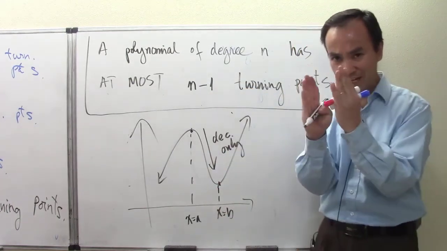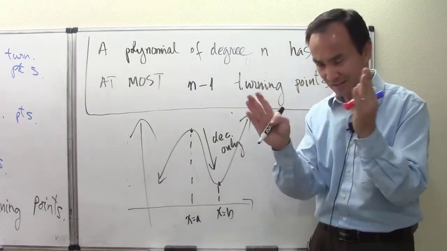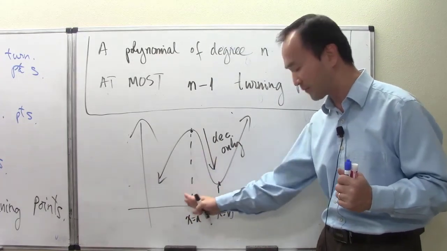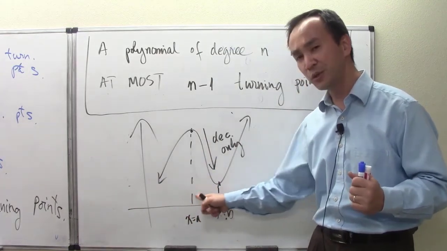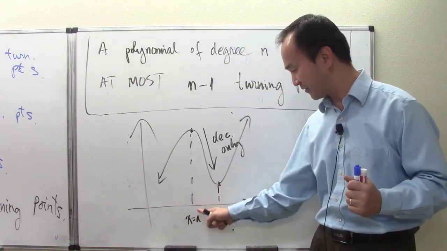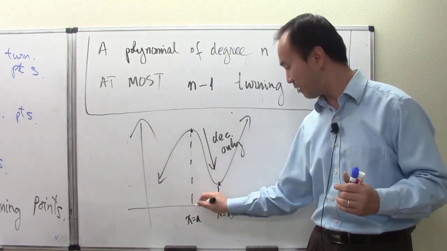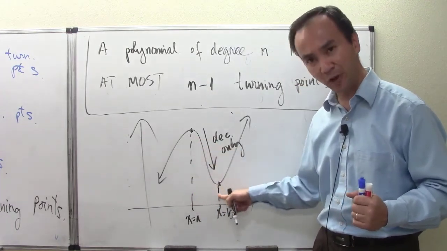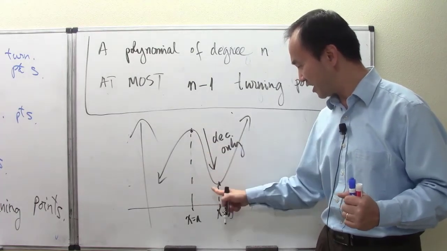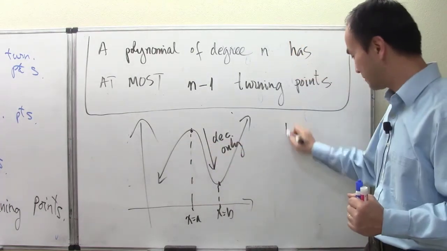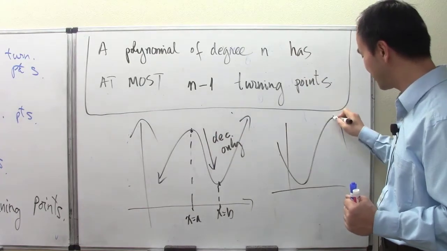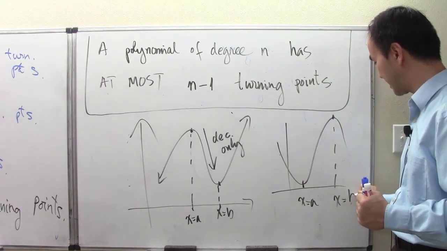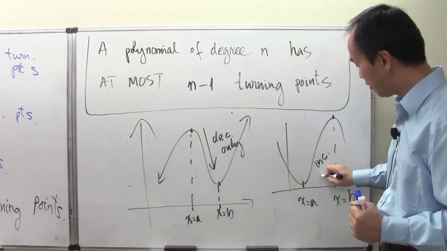Okay, so between any two consecutive or adjacent, whatever way you want to call it, once you have spotted all of those turning points, then between any two consecutive turning points, and I'm talking about on the x-axis here, the interval between any two consecutive turning points must be either decreasing or something like this, turning points from the left to the right, x equals a, x equals b, this is increasing only.